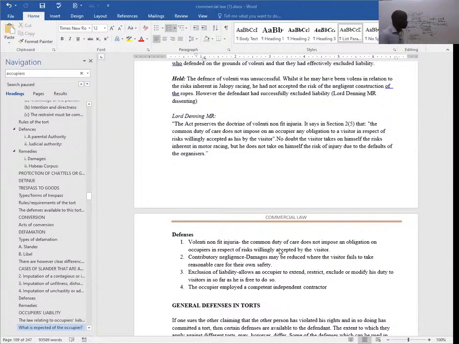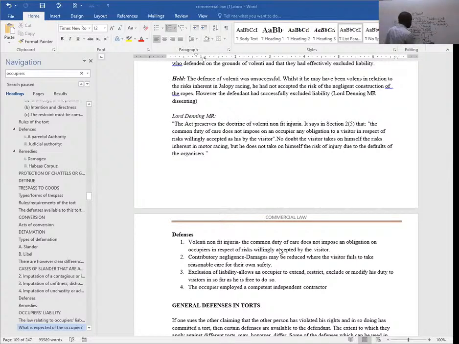It is normally in two forms. You can have defamation categorized as being either, number one, libel, or number two, slander.